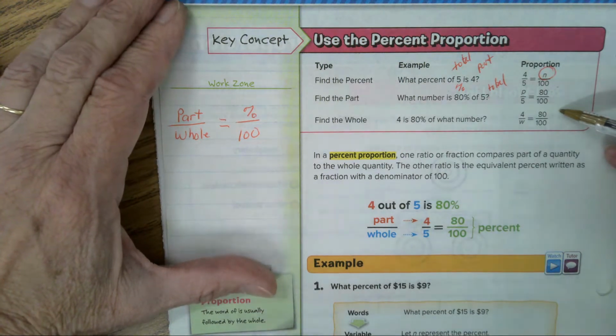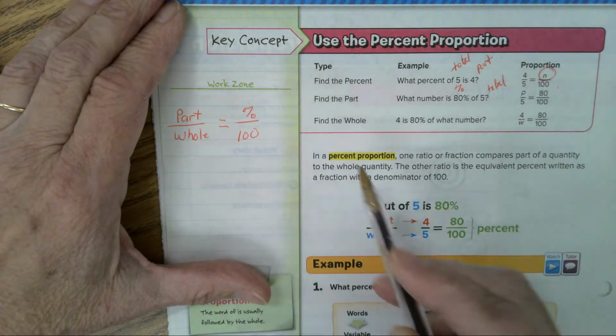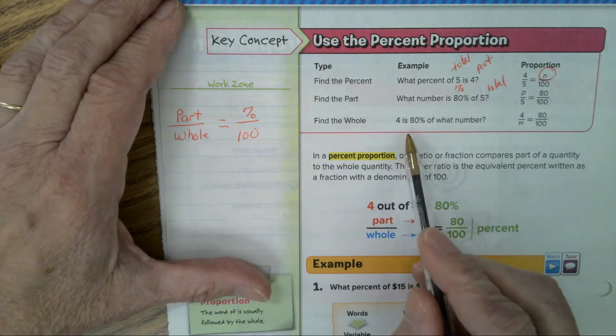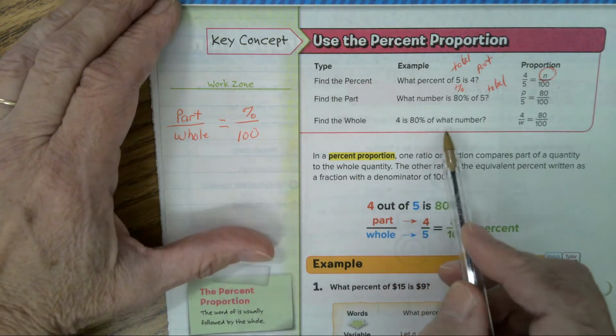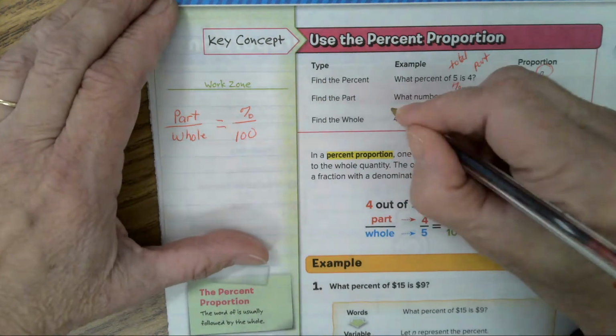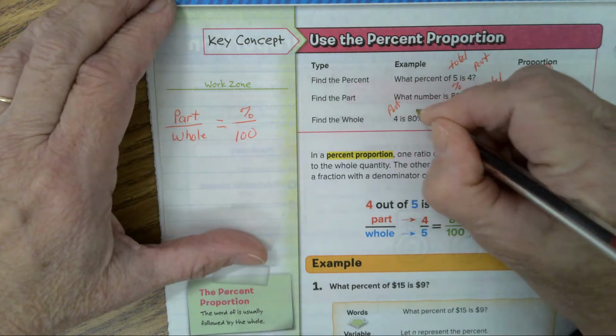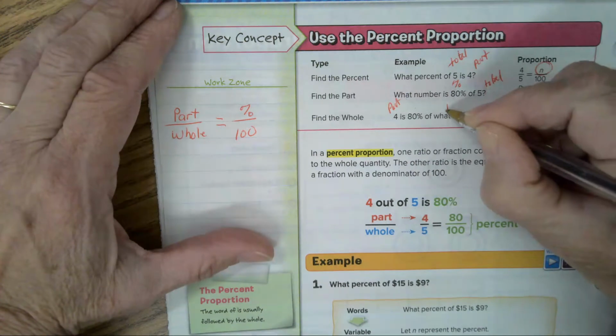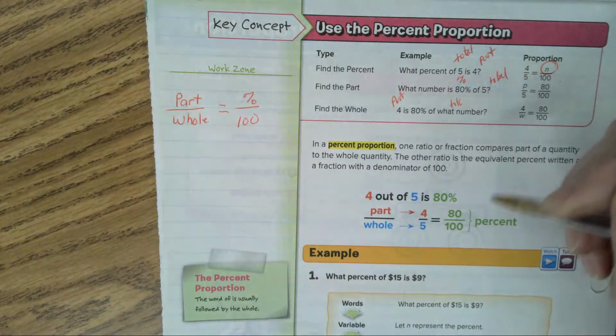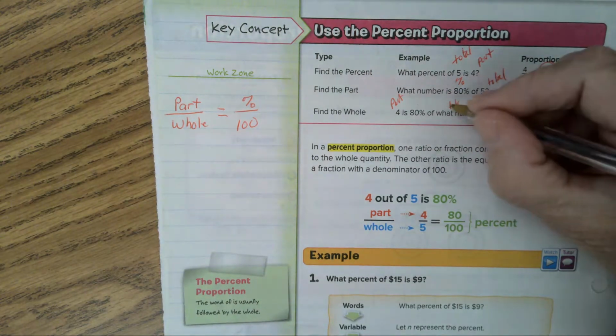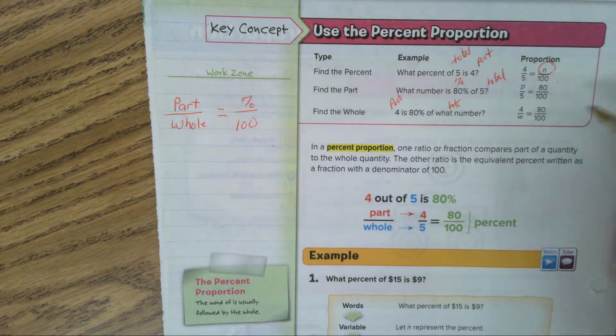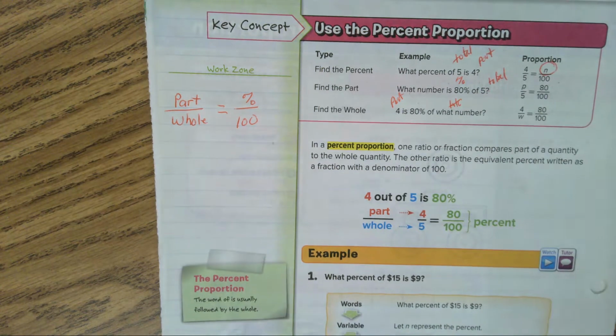Now on the next part, it says find the whole. 4 is 80% of what number? 4 is the part, 80 is your percent. This is your whole, total of your whole. What number? So 4 over W equals 80 over 100.